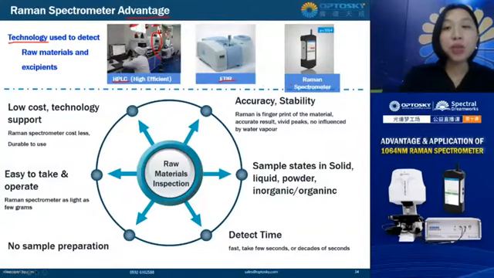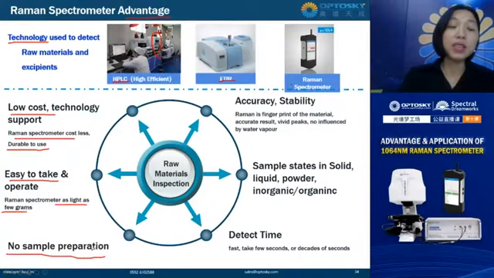Compared to HPLC and FTIR, Raman spectrometers have a low cost. It costs less and it's durable to use. Secondly, it's compact, easy to take anywhere, just like your cell phone, and there is no sample preparation, so it's non-destructive. It's accurate, just like a fingerprint of the material, with very sharp peaks and no influence from water vapor.